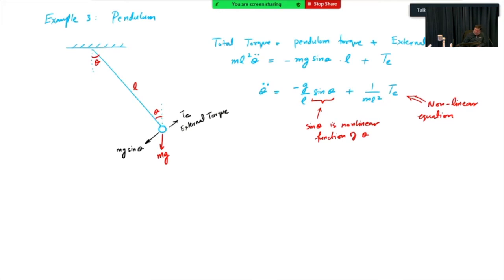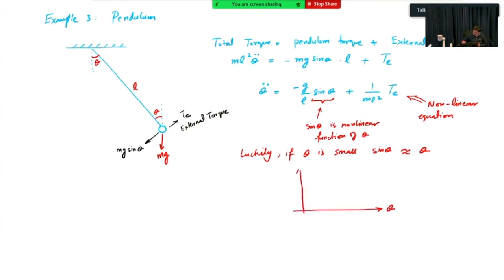But the moment you have this sine of theta, you cannot really use your linearity anymore, so you have to do some transformation here. Luckily in this case, if theta is small, then sine theta is approximately equal to theta, right?